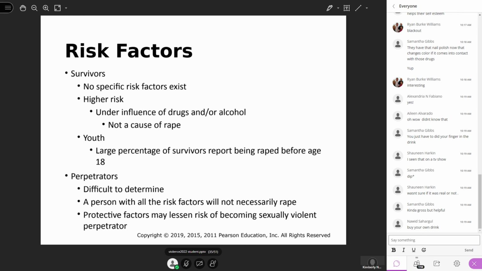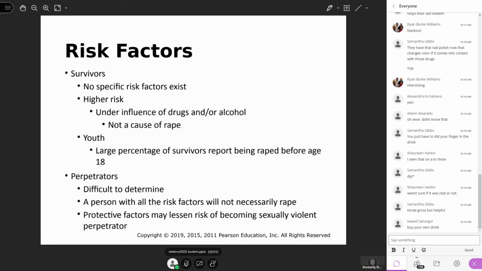Okay, survivors. We want to try to increase the outcomes, make sure that the patient has good outcomes. In terms of survivor, that means somebody who has, like I said, endured rape.